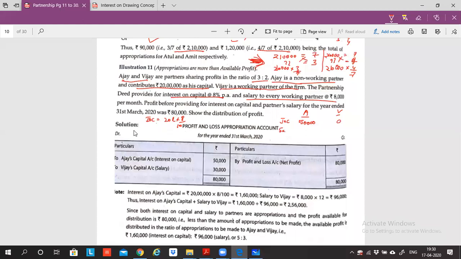So salary for Ajay will be zero because he's not a working partner. Vijay will get how much? 8,000 into 12. Is 96,000.